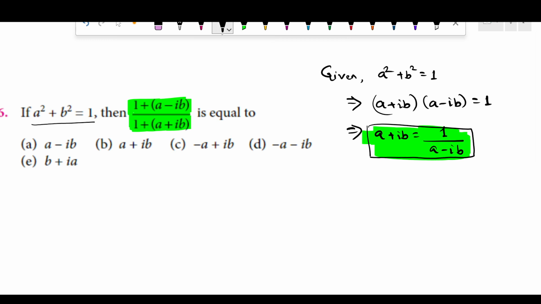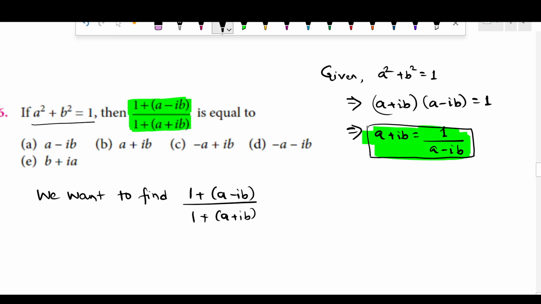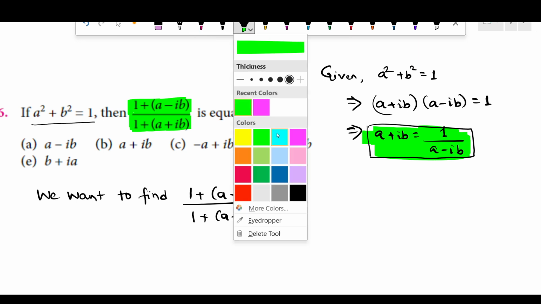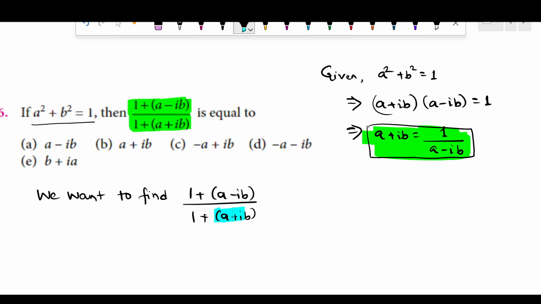See now, we want to find 1 plus a minus iota b over 1 plus a plus iota b, right? So in place of a plus iota b, we are going to put this value, right?